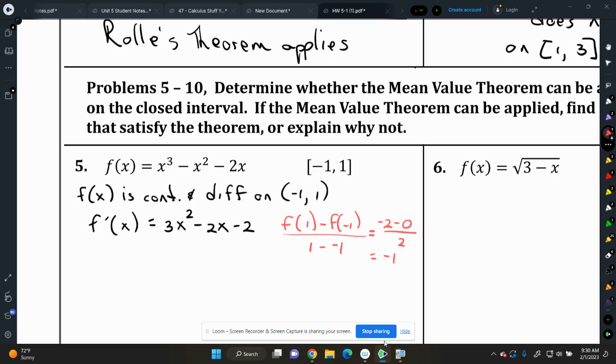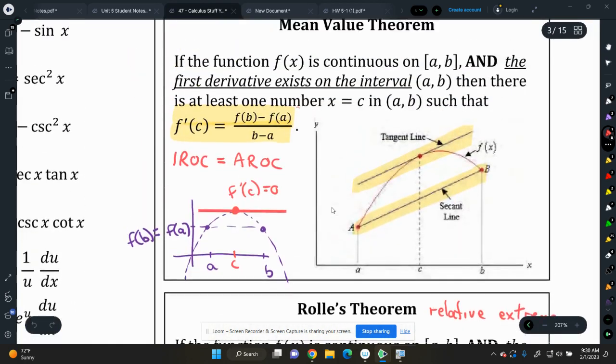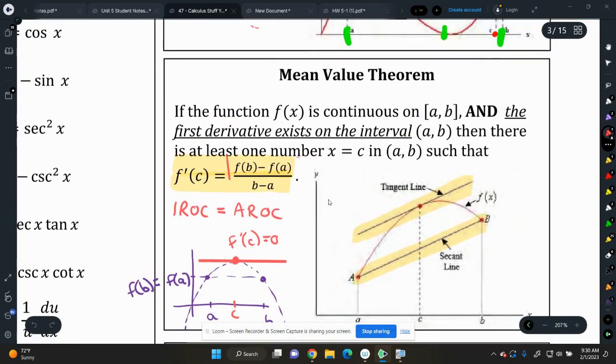All right. So now what I'm going to do is -1 equals, because this -1 is my AROC, my average rate of change. This is my f of b minus f of a over b minus a, right? Everybody with me on that? I just used my calculator to figure out that part right there.